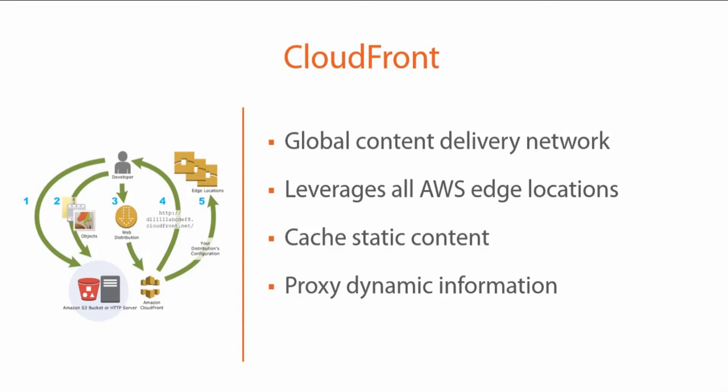So it's accelerating that traffic by caching it when possible and delivering it locally to those users. It's leveraging the global infrastructure presence of all of these edge locations that Amazon has spread all across the world, and it's proxying dynamic information. It's a really great thing.